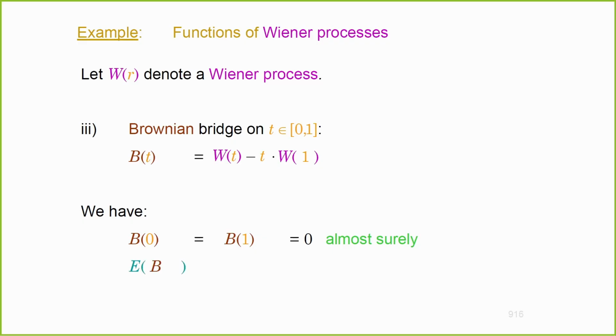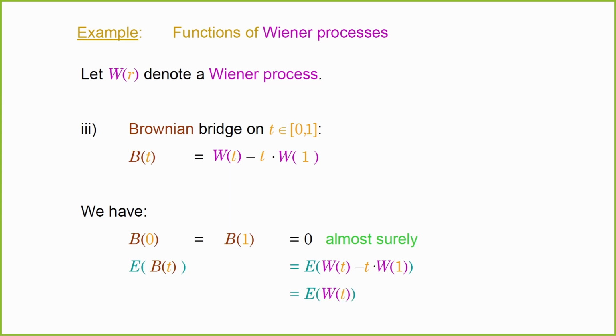Second, I'm going to look at the expectation of the process. The expectation of this process is the expectation of the Wiener process itself, which I'm going to look at here. And after all, the expectation of a difference is the difference of the expectations.